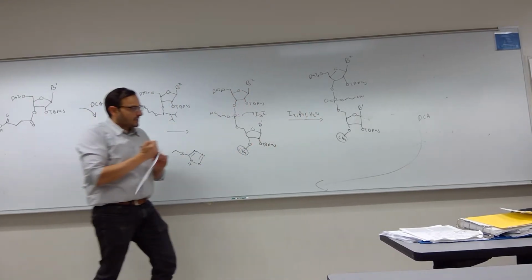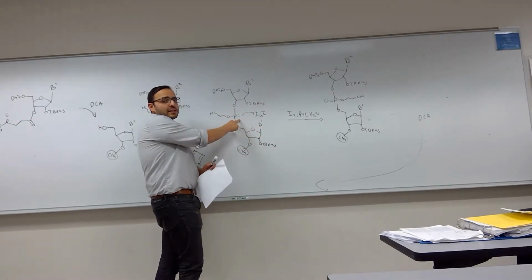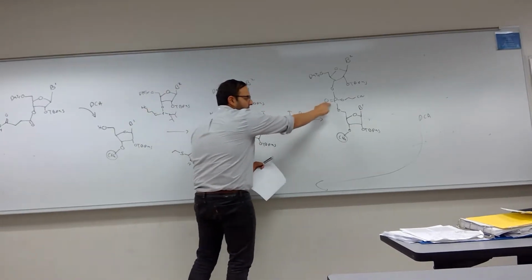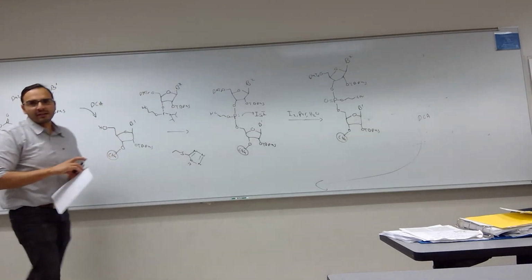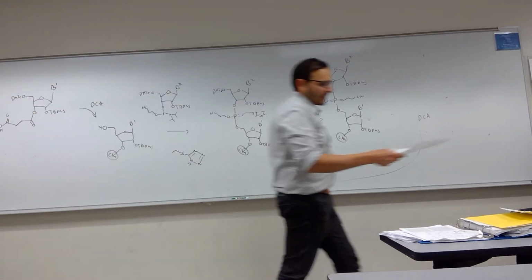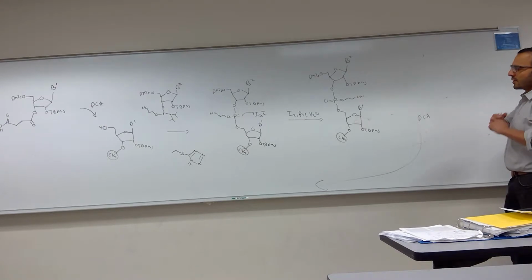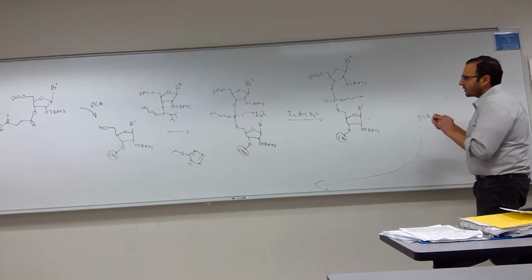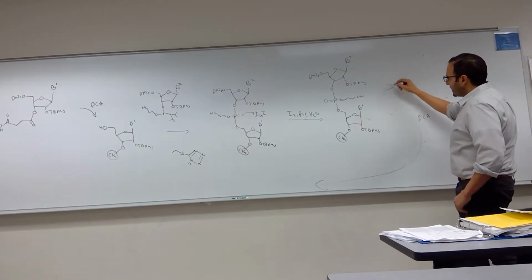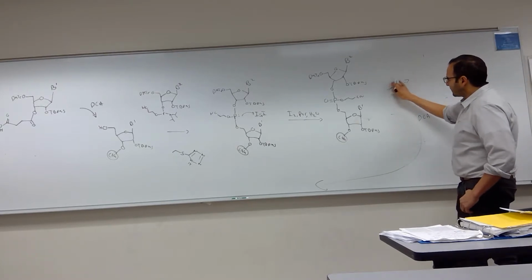Then the driving force in this particular case is the fact that the phosphorus, in this case the phosphite, can go to the corresponding phosphotriester. Does that make sense? Then at the end of the day, let's say in this case that you wanted to just stop at your dinucleotide. So if you want to stop at your dinucleotide, you treat this with ammonia.